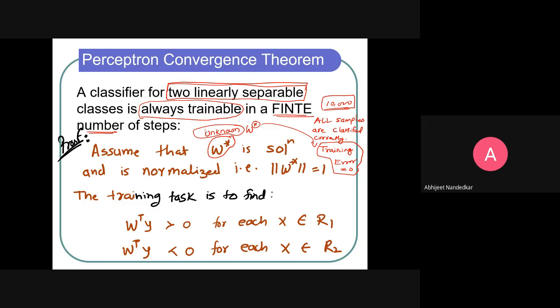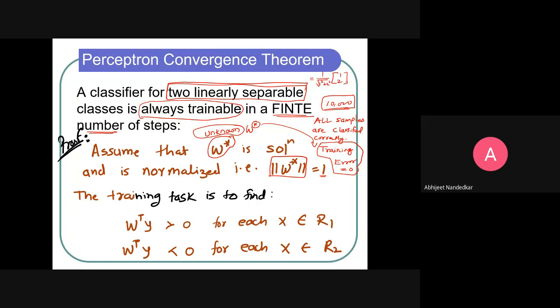And we assume that this weight vector is normalized, that is its length is equal to 1. Norm of W star is equal to 1. We can normalize any given vector. As you know, suppose I give you 1 and 2, how can I do the normalization? You just multiply this with 1 over square root of 1 square plus 2 square.